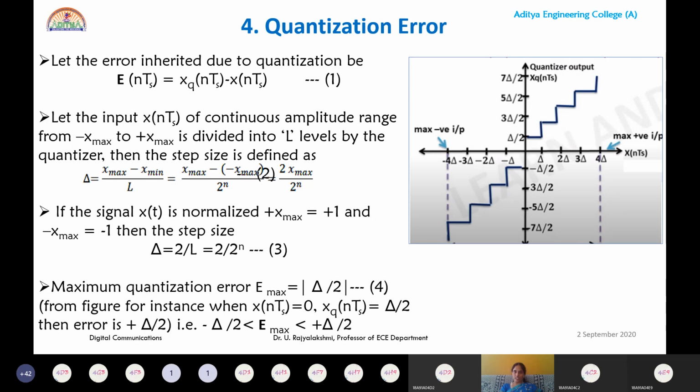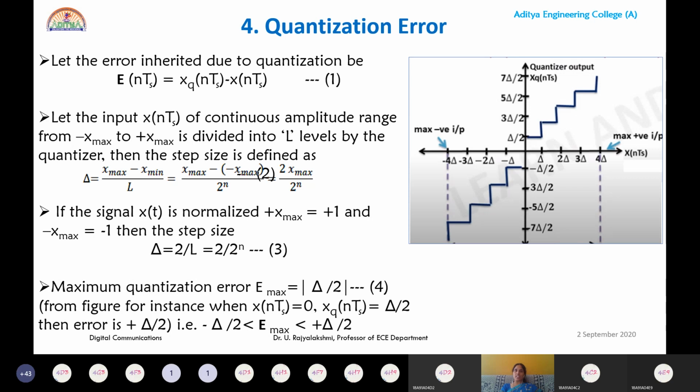And similarly, observe the negative staircase waveform. Whenever input is 0, output is minus delta by 2, so minus delta by 2 minus 0 is minus delta by 2. Similarly, if x of NTS is minus delta, then the output goes to minus 3 delta by 2.